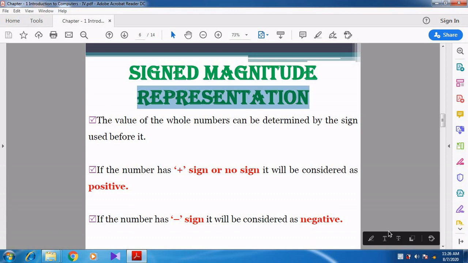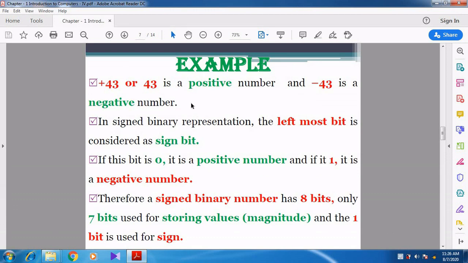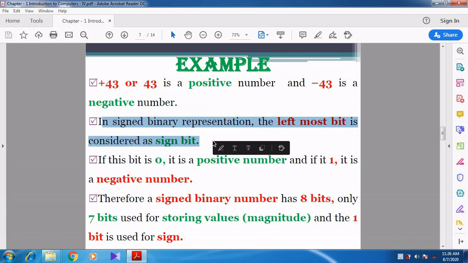We know this very clearly: plus 43 or 43 is a positive number, whereas minus 43 is a negative number. So in signed binary representation, the leftmost bit is considered the sign bit.